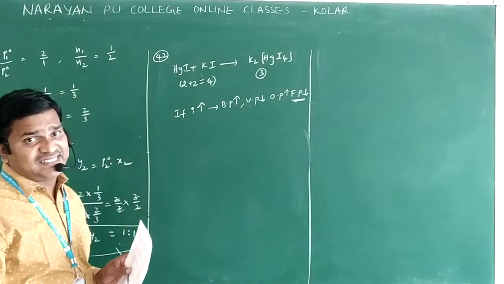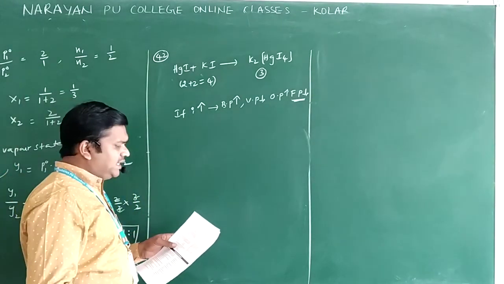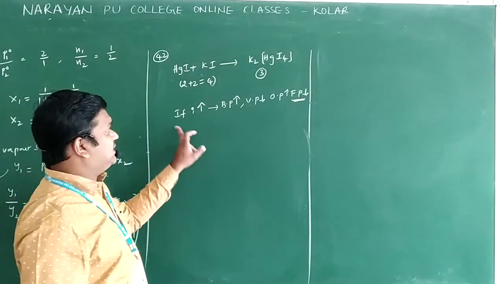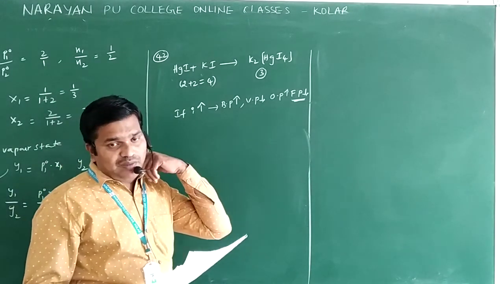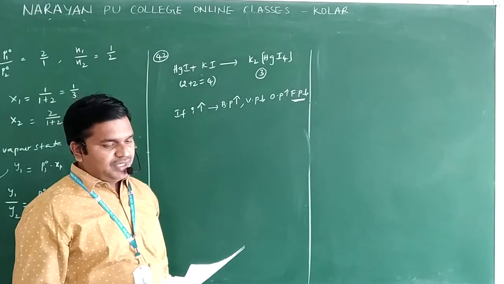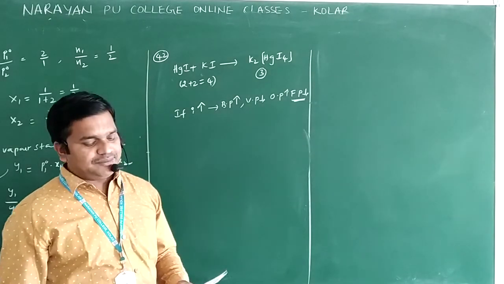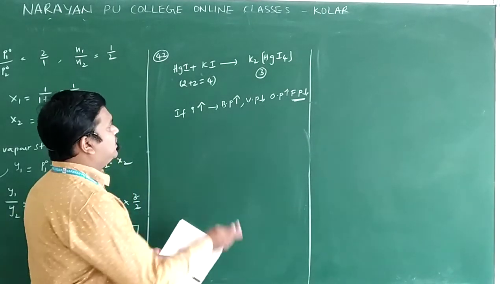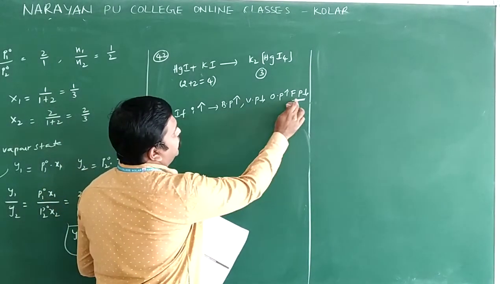Now here, if i increases, the boiling point increases. But you see the first option, the boiling point does not change. That is wrong. Next, the second option, the freezing point is raised.